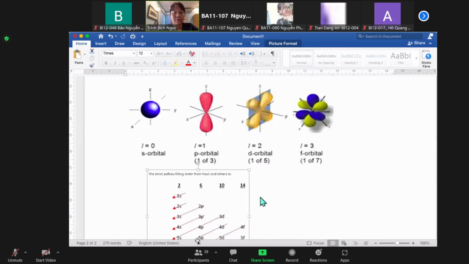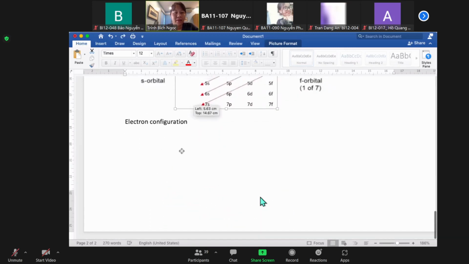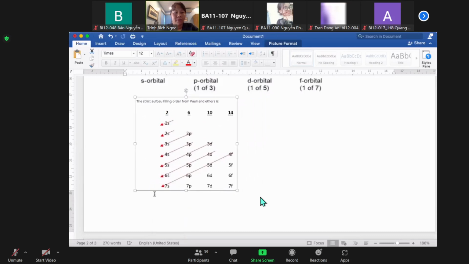So these are the rules for electron configuration. Okay.